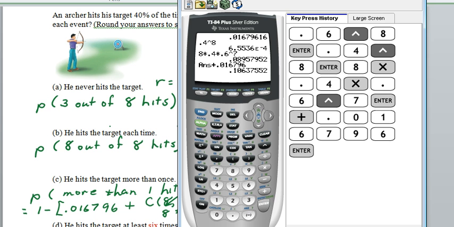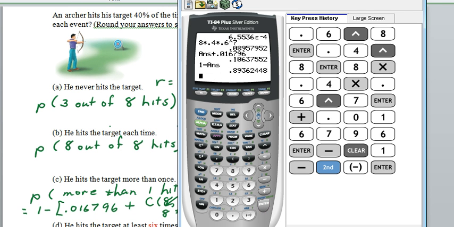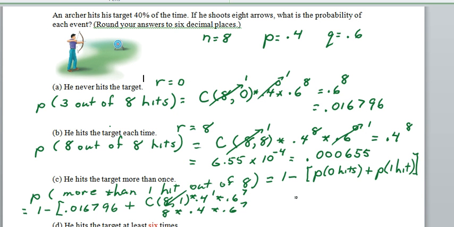So 1 minus, I'm going to clear that, and I'm going to go 1 minus second answer, enter. And I get 0.893624.